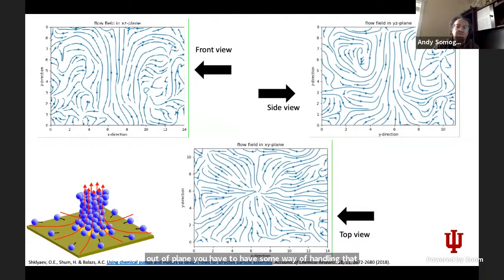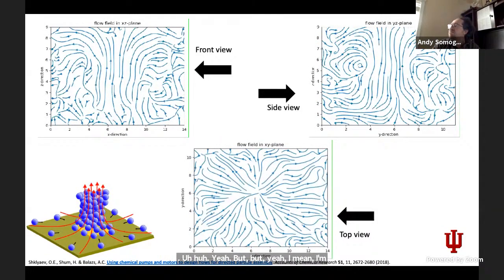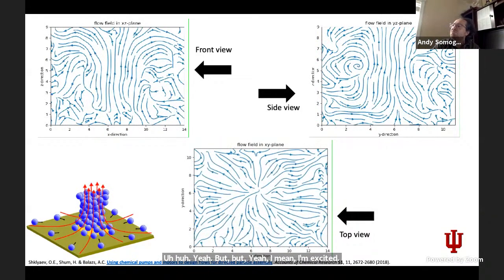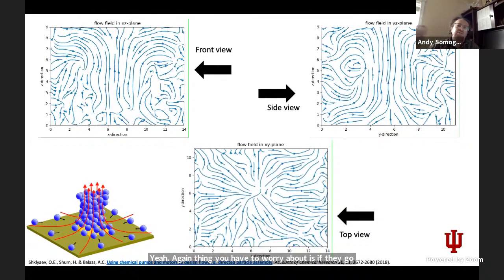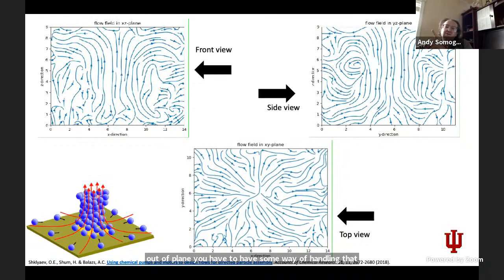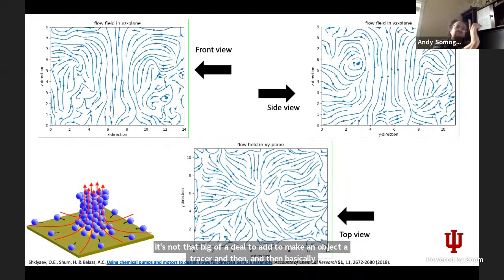But on the rendering side, it's not that big of a deal to make an object a tracer, and then calculate and save that as a list of line segments.